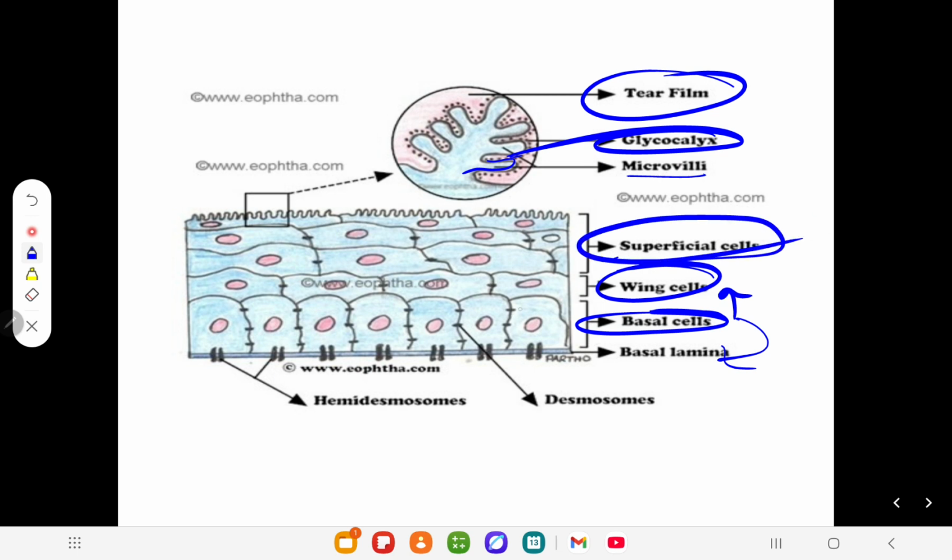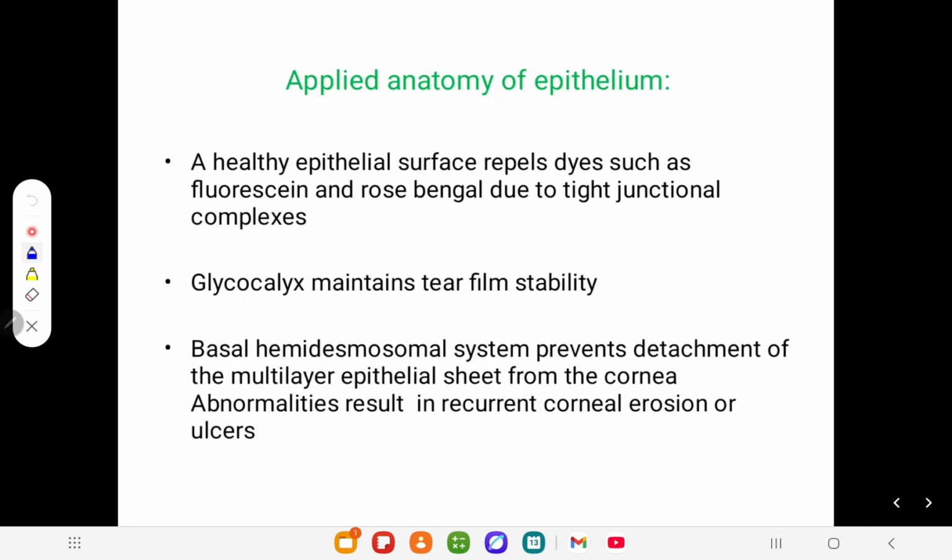Just remember this: these are long basal columnar cells, then wing cells, and superficially the superficial cells. This is hemidesmosomes and this is desmosomes. Hemidesmosomes connect the columnar cell with the basal lamella, and desmosomes connect cells with each other laterally.